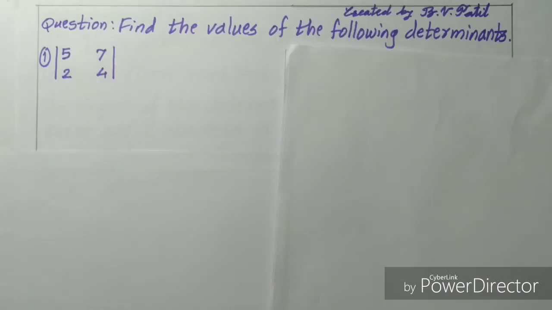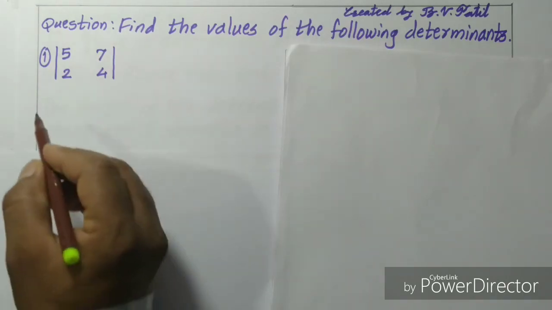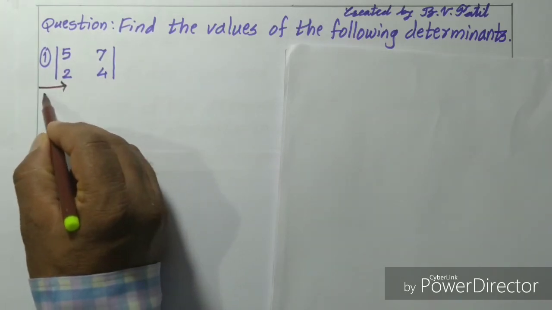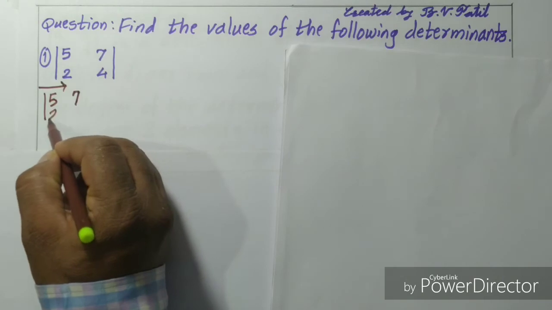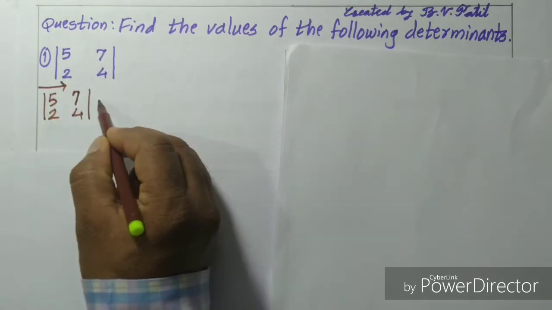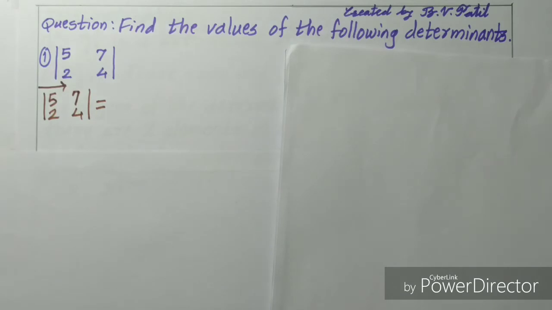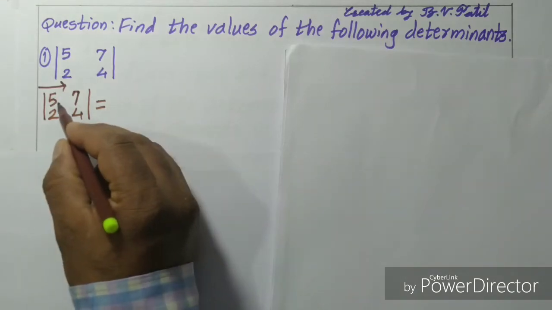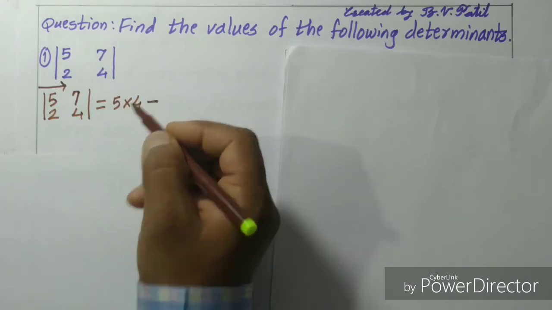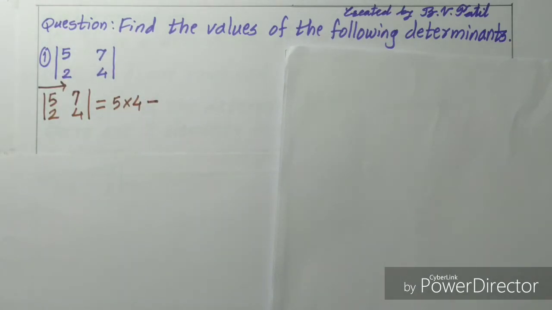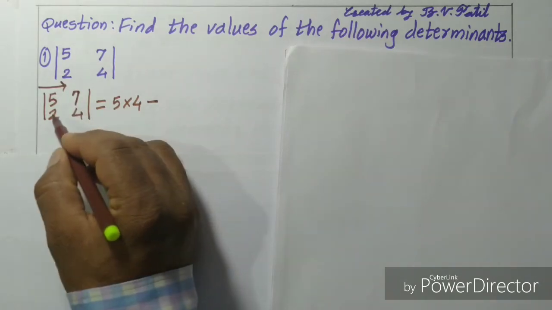We solve a question. Find the values of the following determinants. The first determinant is given and we find its solution here. First multiplication is 5 into 4, minus the next multiplication, 7 into 2.